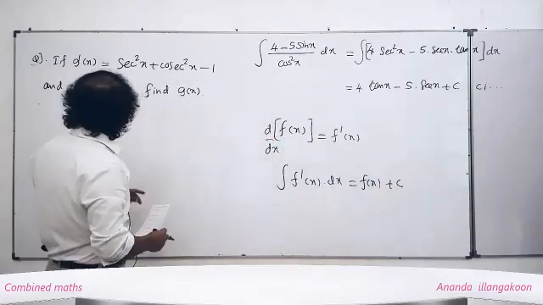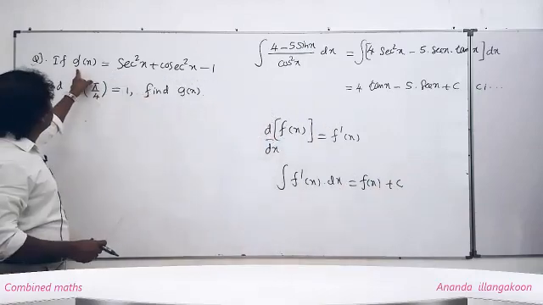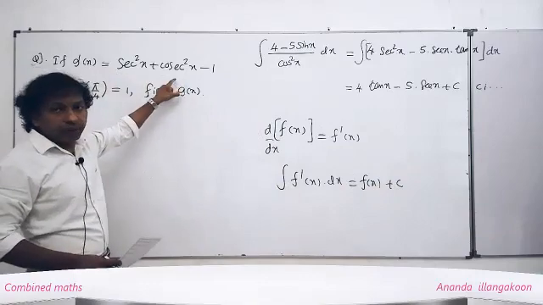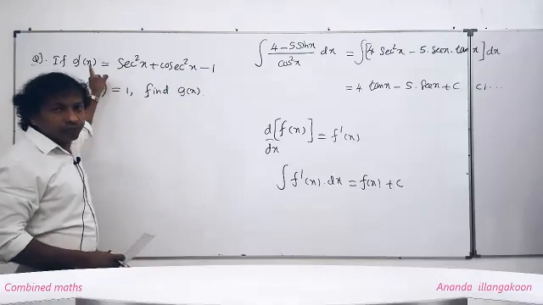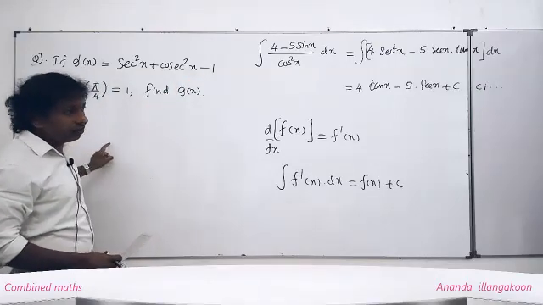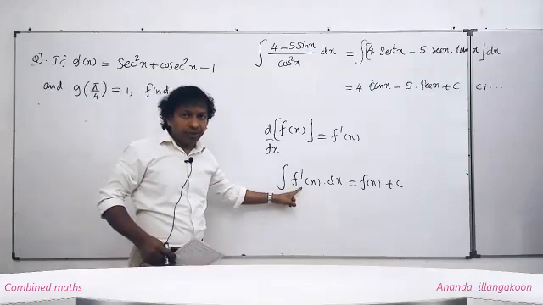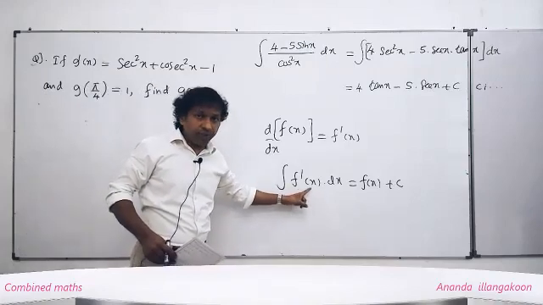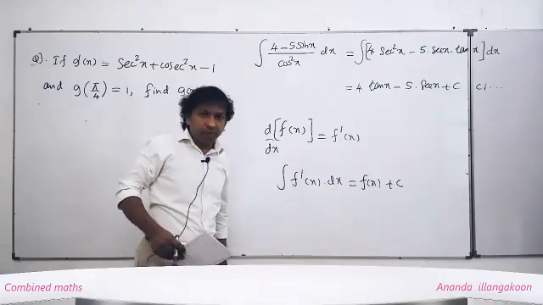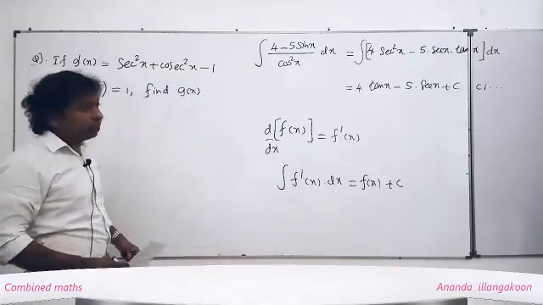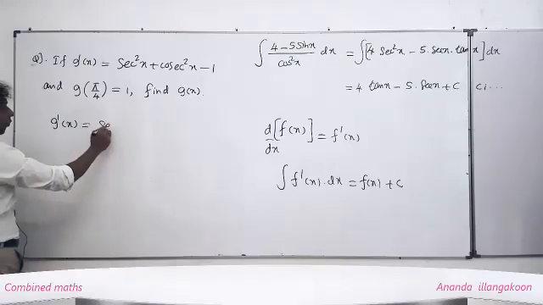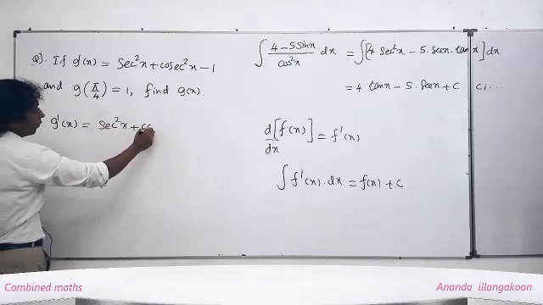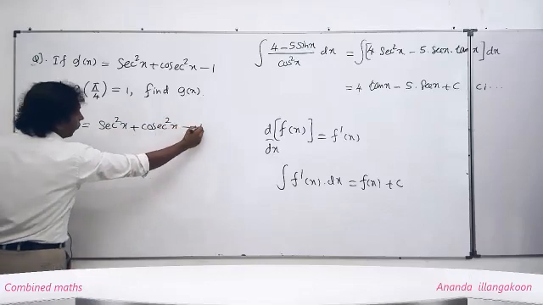Like that, here, in order to find g(x), g'(x) is this. When you integrate both sides with respect to x, from the left hand side we get g(x). The reason is, when we integrate f'(x), we get f(x) as the answer. So g'(x) is equal to sec squared x plus cosec squared x minus 1.